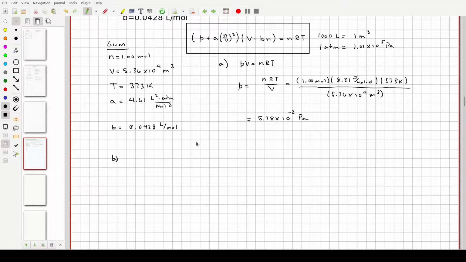I'm going to start by moving this over to the right-hand side. So on the left-hand side, you have P plus A n over V squared. On the right-hand side, you have nRT over V minus B times n. So we want to find P. That's just going to be nRT divided by V minus B times n. And then we're going to subtract away that bit of pressure that's due to the interactions.